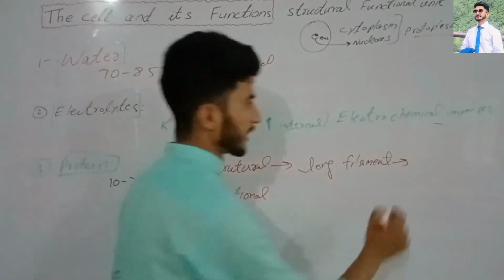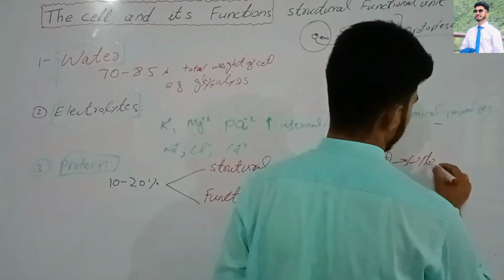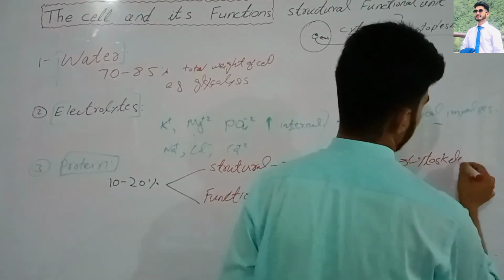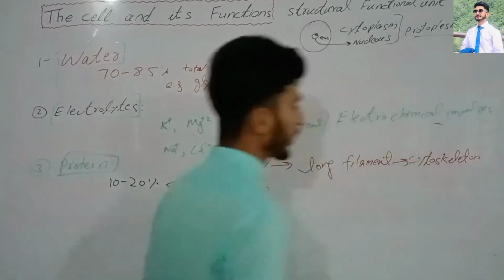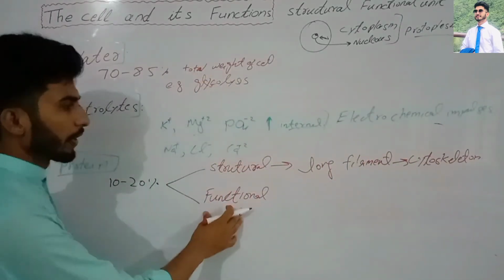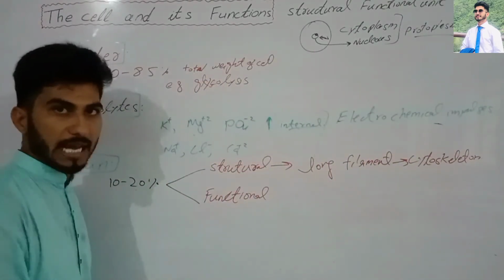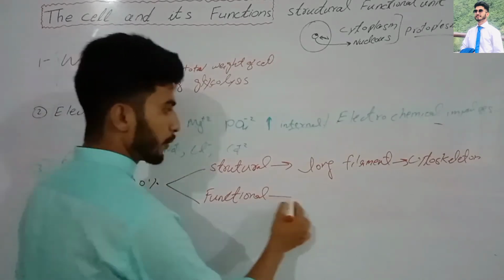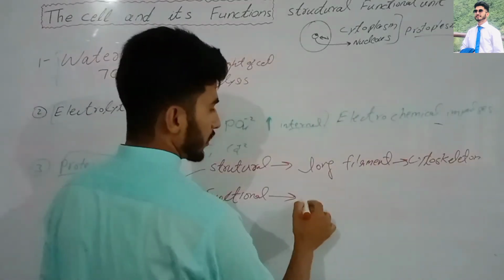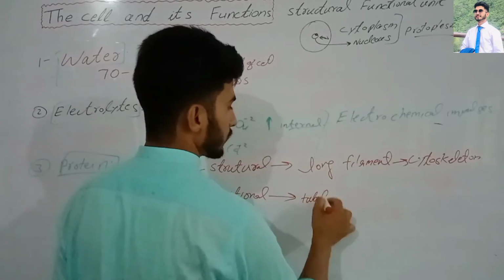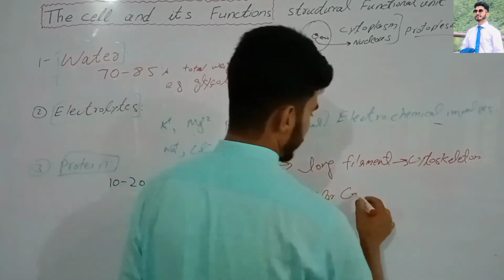Functional proteins are, for example, different types of enzymes, with a tubular, globular structure.